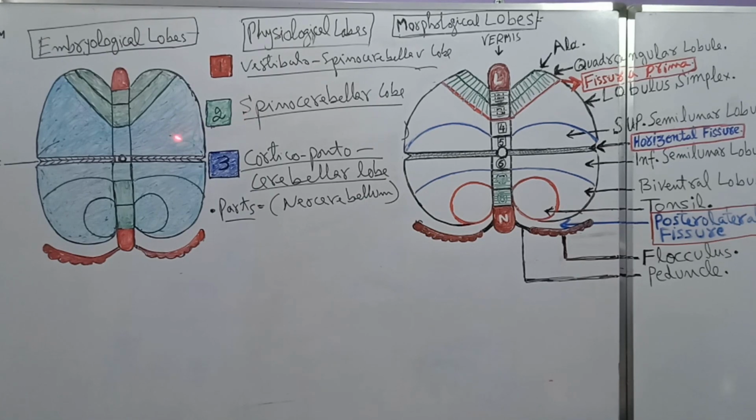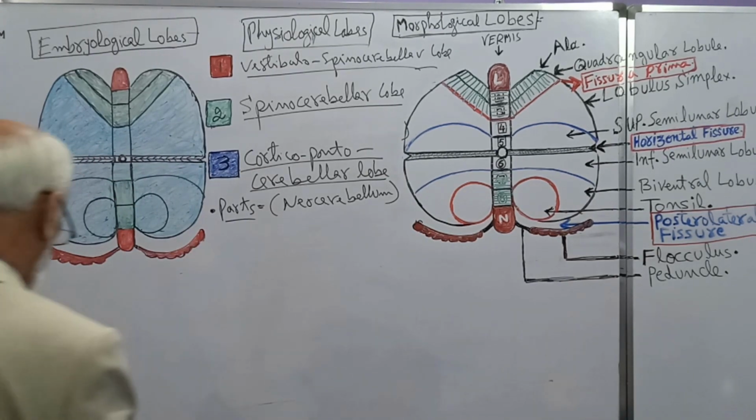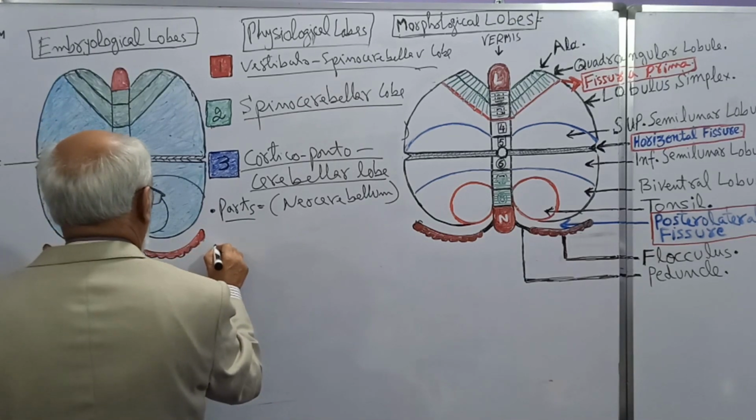Its components are the same as that of the paleocerebellum: the central lobule, culmen, ala, quadrangular lobule, and inferior pyramid and uvula. Next is the corticopontocerebellar lobe, the new cerebellum. That is all parts of the middle lobe, excluding the uvula and pyramid. This blue color shows the parts of the corticopontocerebellum.